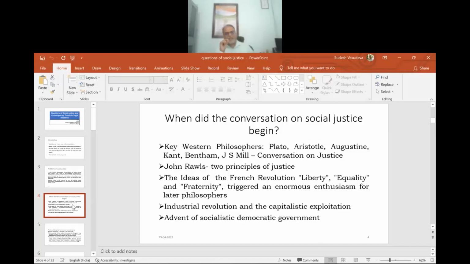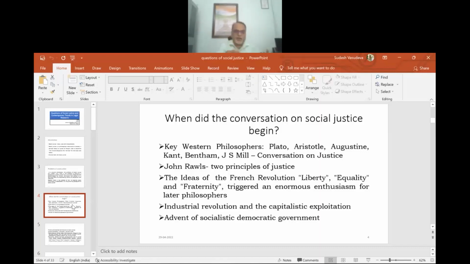Another identifying factor which contributed to the conversation on social justice is the industrial revolution. Literature has indicated that the industrial revolution brought about a kind of exploitation by the capitalist, which created inequalities in the income of the people, inequalities in sharing the social development of a particular society.